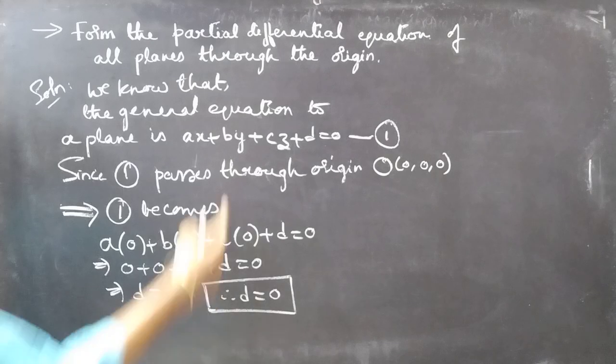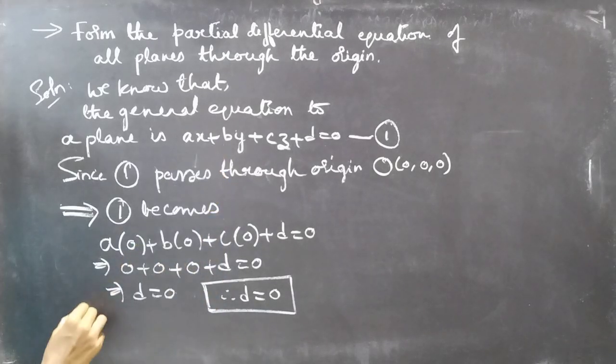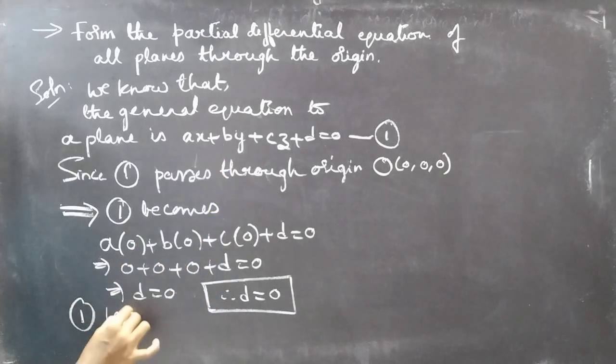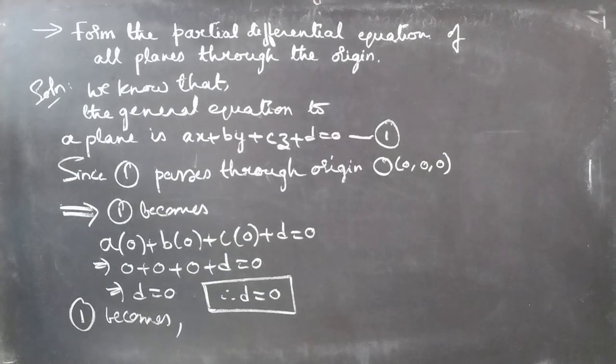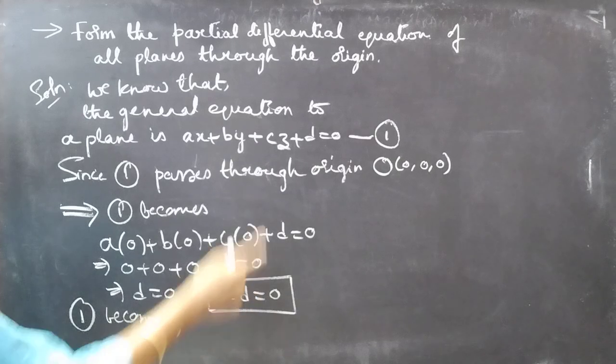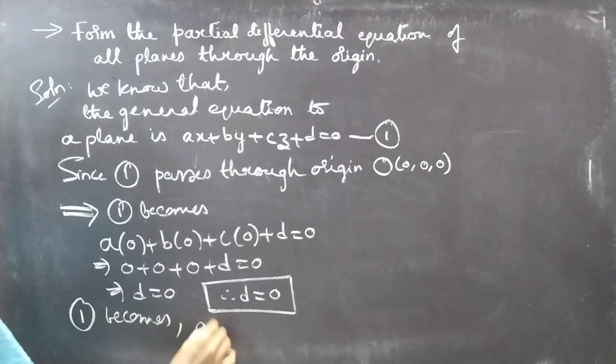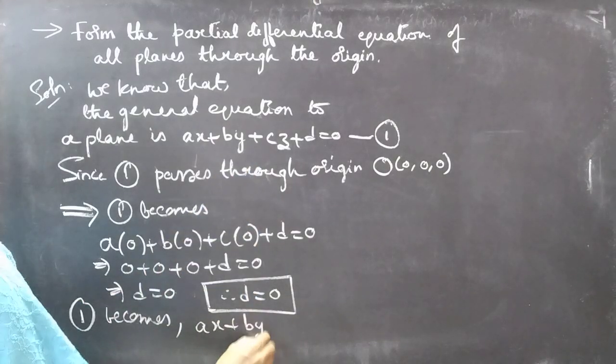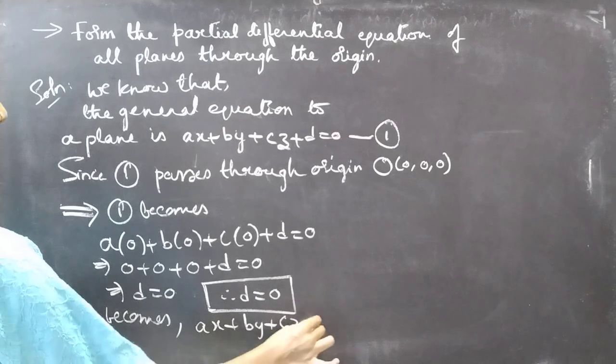Now substitute this d in equation 1. Now 1 becomes, just substitute the value of d here, you'll get ax plus by plus cz equal to 0.